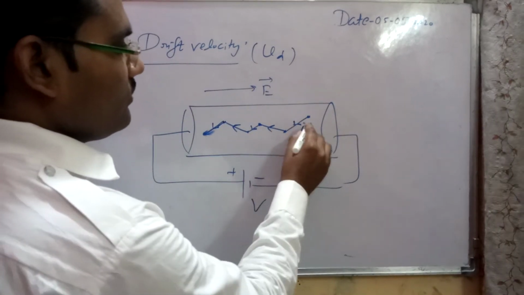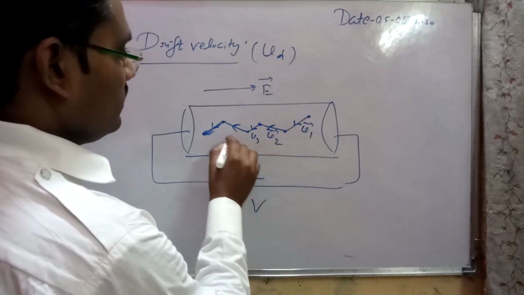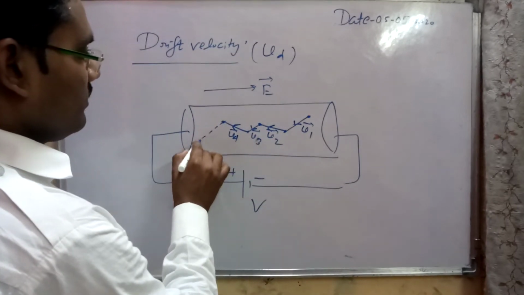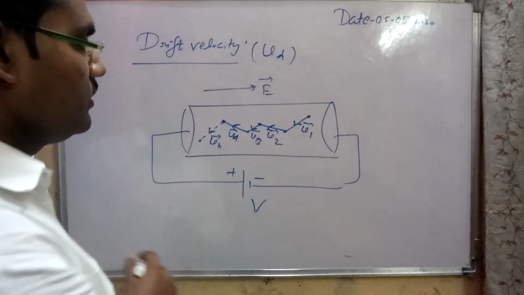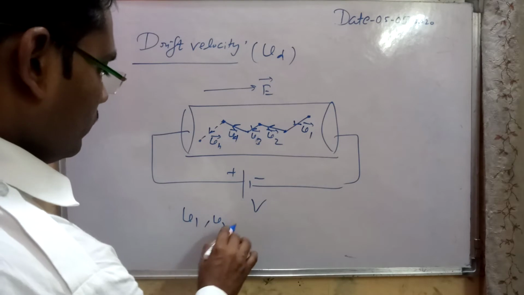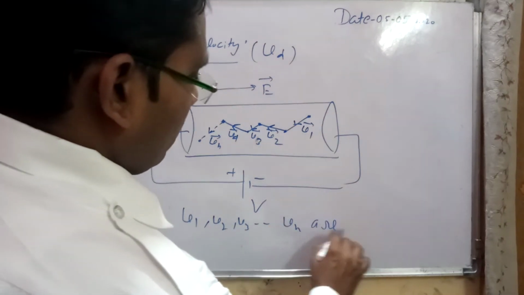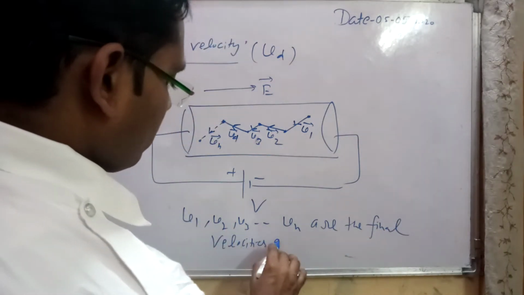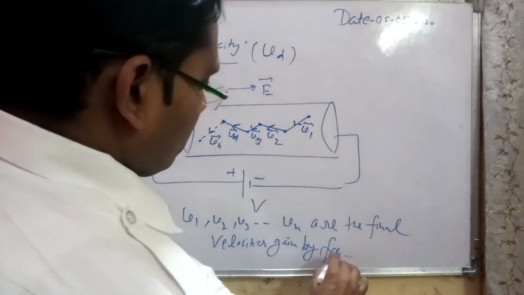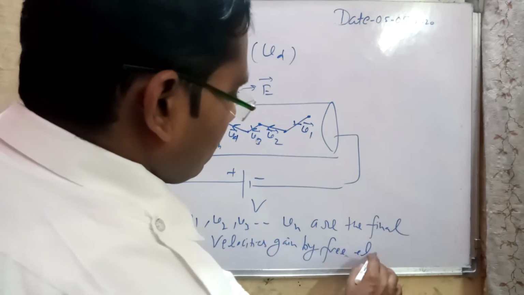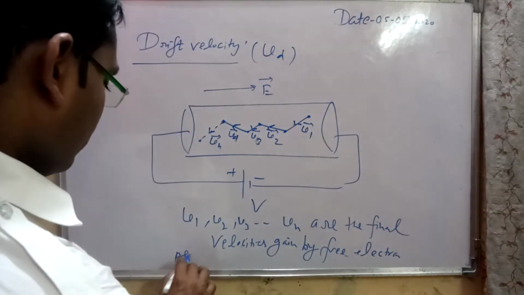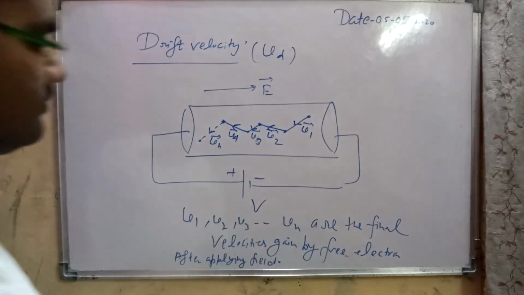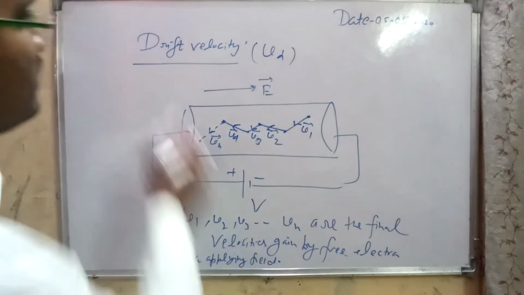Now here is v1, here is v2, here is v3, here is v4, and this one is vn. v1, v2, v3 and vn are the final velocities gained by free electrons after applying the field, and the average of these velocities is called drift velocity.